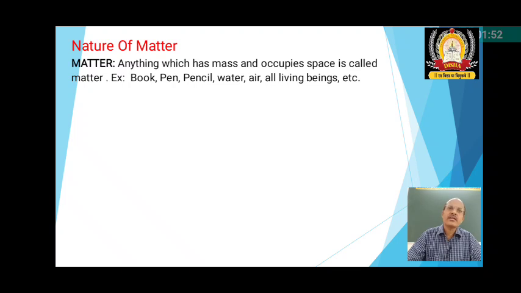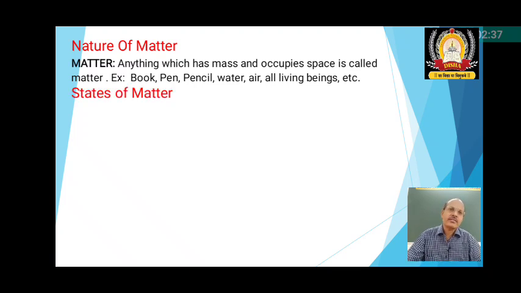So, anything which may be visible or invisible, but if it occupies space and has a definite mass, such a substance or such things we call matter. For example, you can take book, pen, pencil, water, air, elements, compounds, anything. Anything that occupies space and has a definite mass is considered matter.